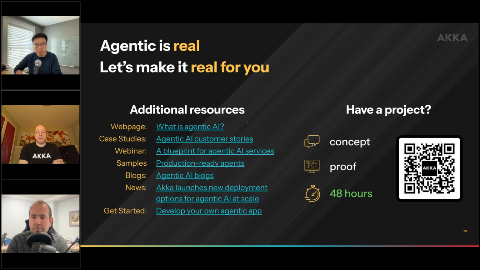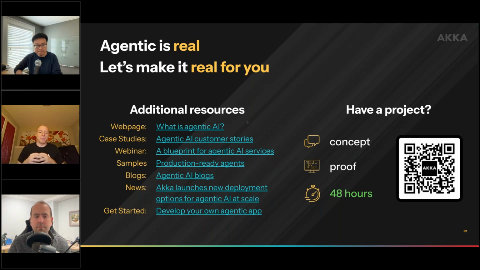The second is you can create a free account at Akka.io, and we run Akka.io as an Akka platform variant, which means you can take any application that's built with the SDK, and at Akka.io, it will scale up as far as you want to scale it.